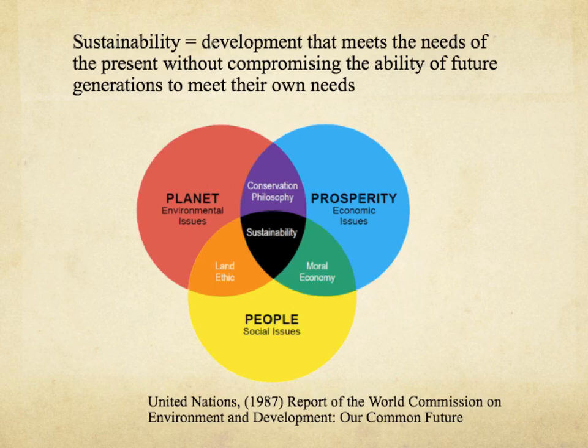And to get back to the definition, it's meeting the needs of the current generation without compromising future generations. So it's leaving the world in as good, if not a better place, so that future generations can experience the same or similar sorts of benefits and lifestyle that we experience.